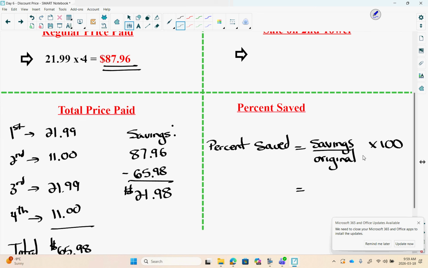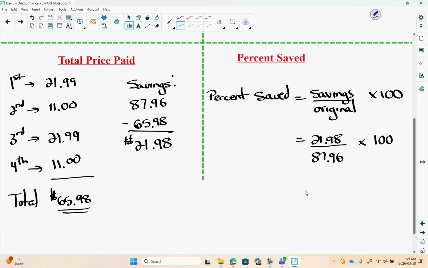Anyone know what the savings are? $21.98, thank you. And what's the original amount? $87.96, that's right. And I'll multiply that by 100. And I get $21.98 divided by 87.96. That's 0.249886. If I multiply that by 100, I get roughly 25%.